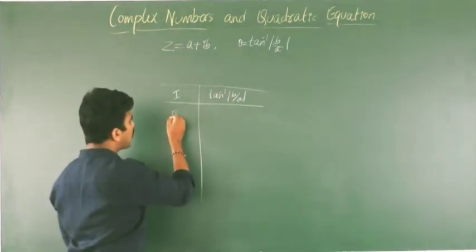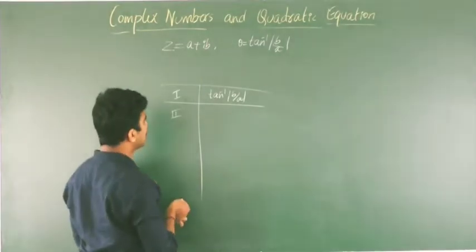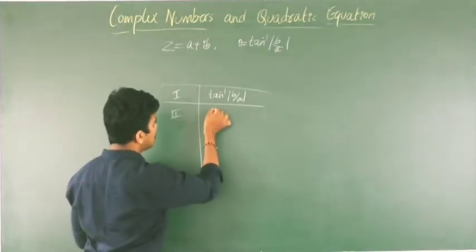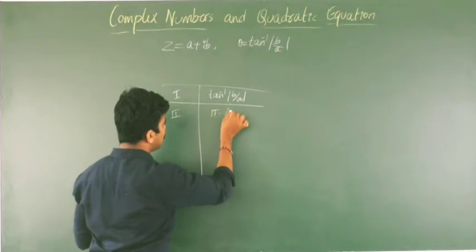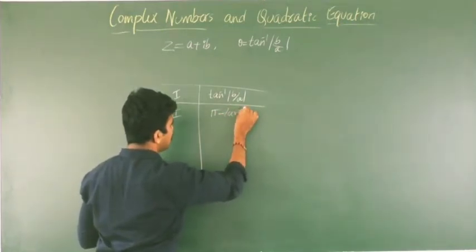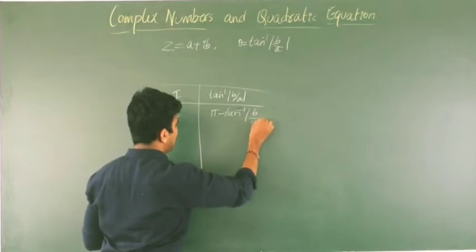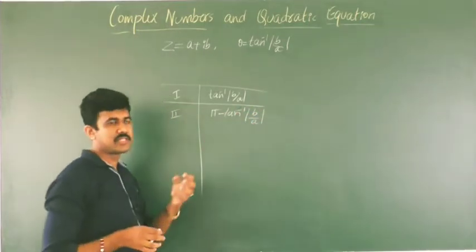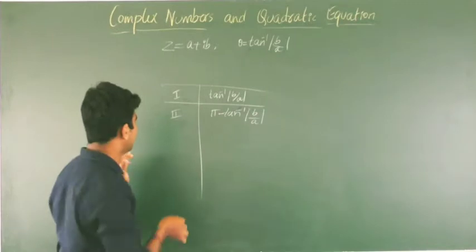Similarly, if you have a complex number in the second quadrant, then the argument is pi minus tan inverse of modulus of b by a, because we want a positive value here.